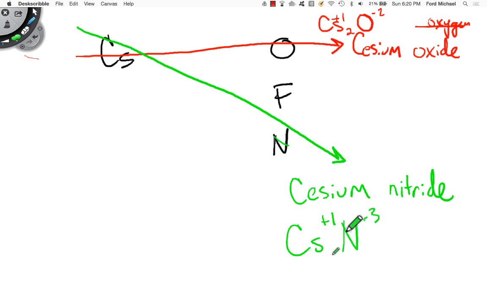Okay, so we need to bring our 3 down, and there's our formula for cesium nitride. Eventually we'll go through some other types of ionic compounds that have more than one atom in their ion, but I think this is a good place to start, and I'm going to pair this with some practice for you. Okay, please work through that practice as well.